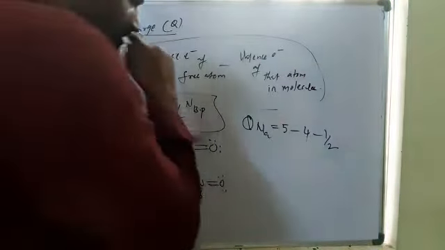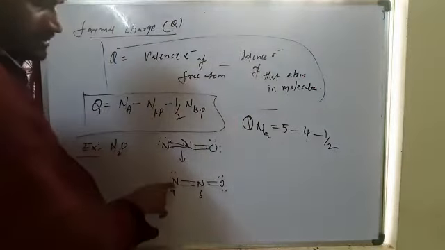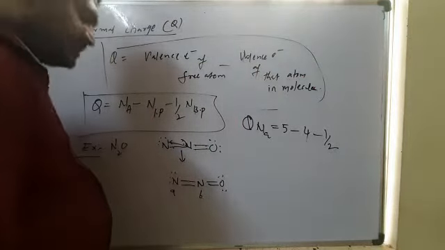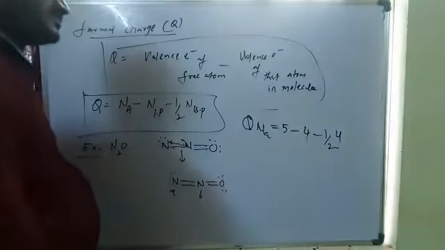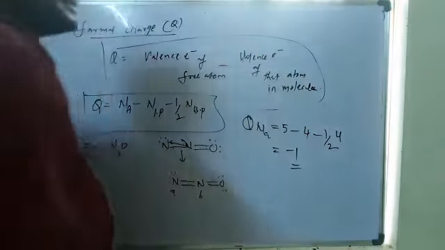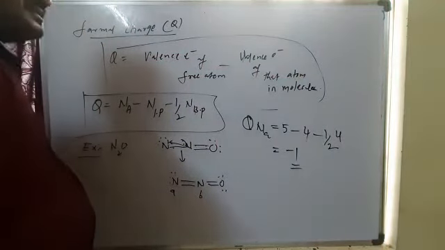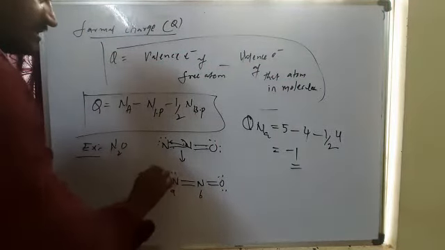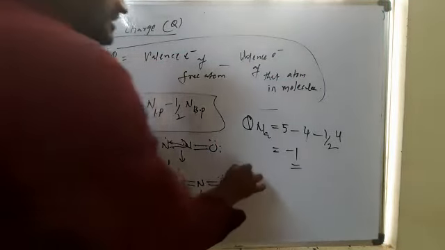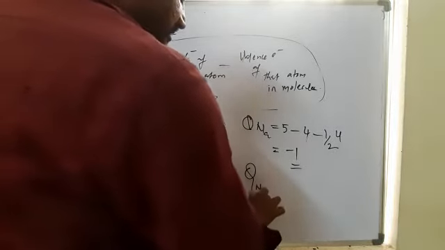Around this nitrogen there are 2 bonds, and each bond carries 2 electrons, so 4. So 5 minus 4 minus 2, if you simplify this, we will get minus 1. So the formal charge on nitrogen A is minus 1.